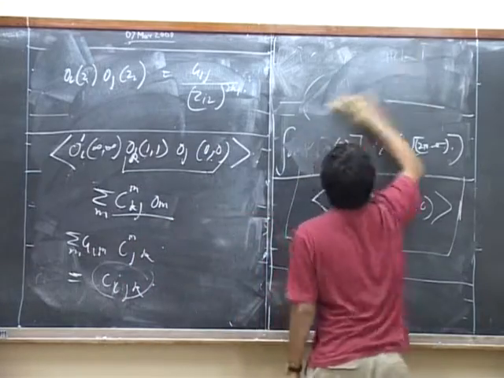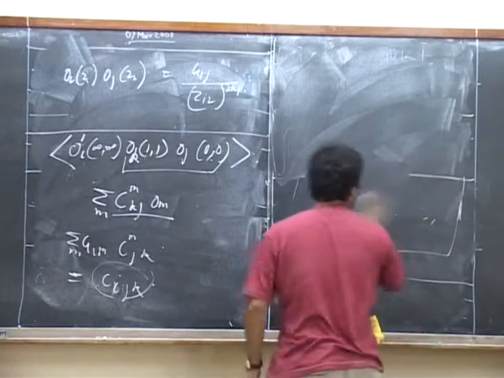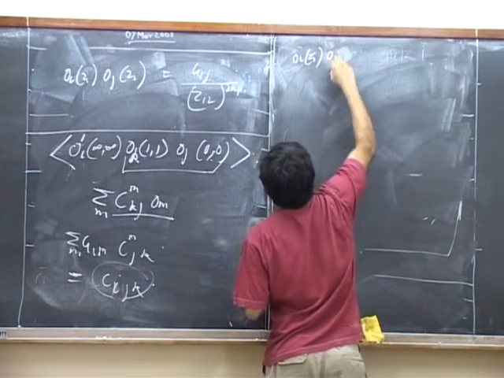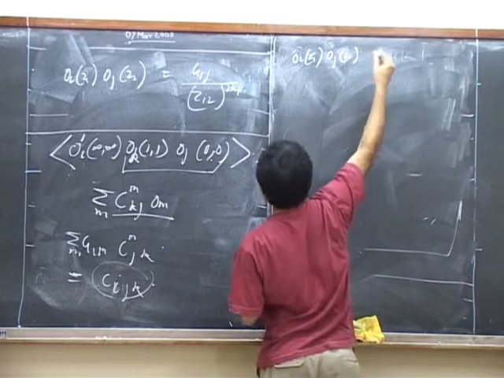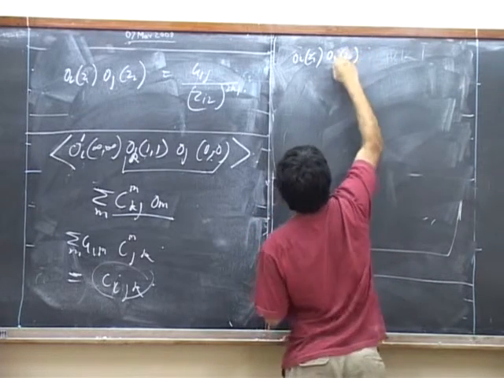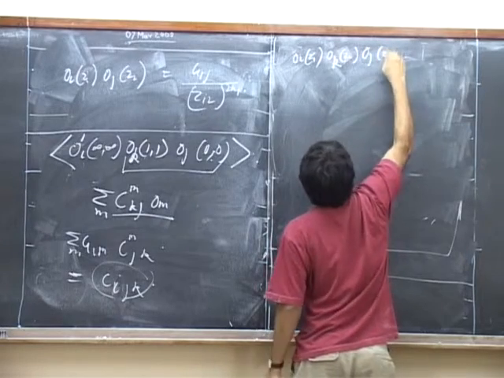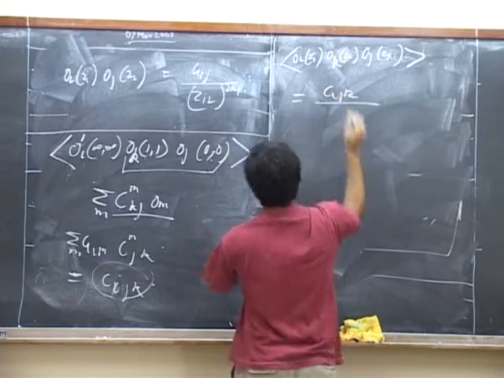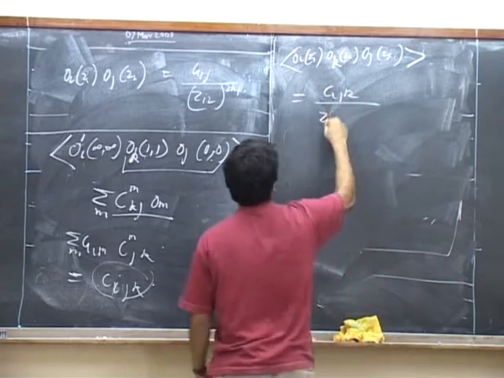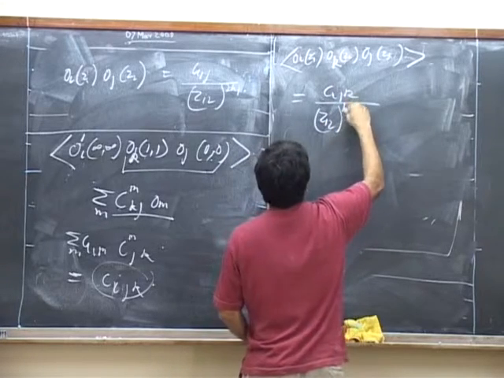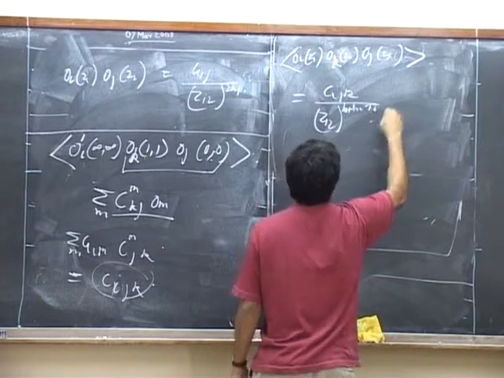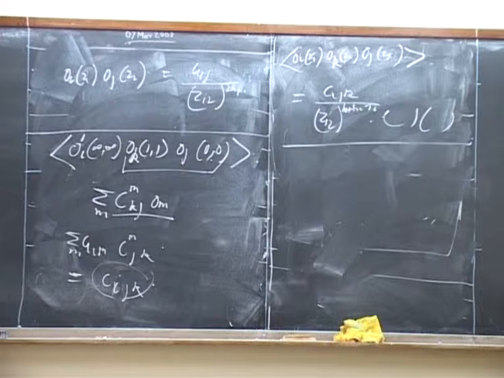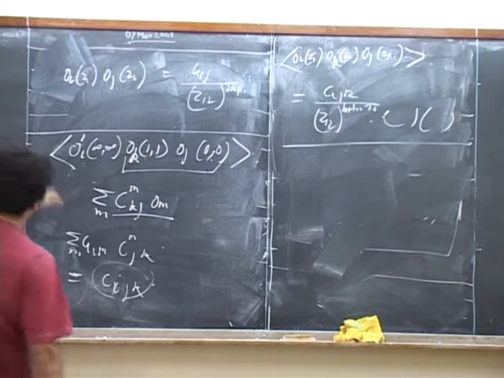In particular, exactly the same way as we did for 2-point functions, convince yourself that OI of Z1, OJ of Z2, OK of Z3 is equal to Cijk times that cross ratio thing that we had, Z12 to the power H1 plus H2 minus H3, and so on. These are completely equivalent definitions.